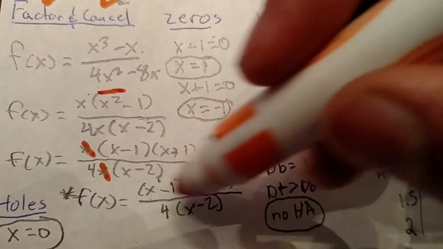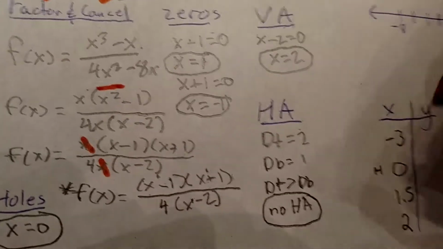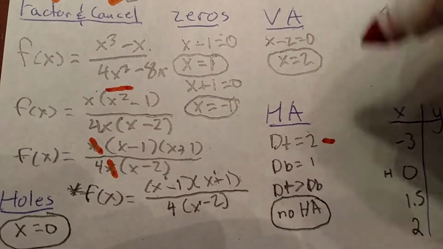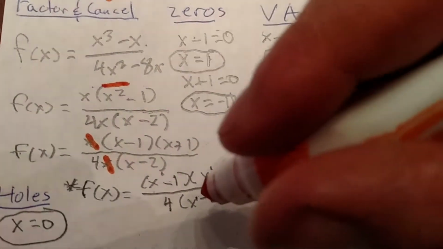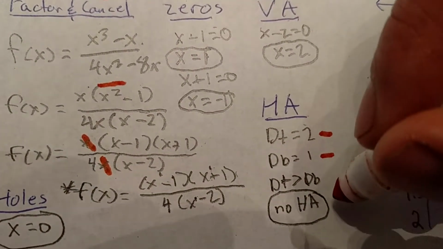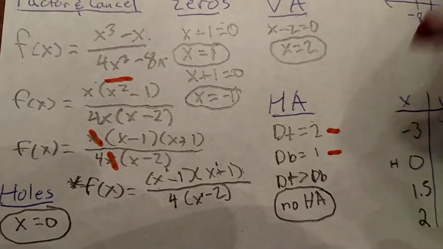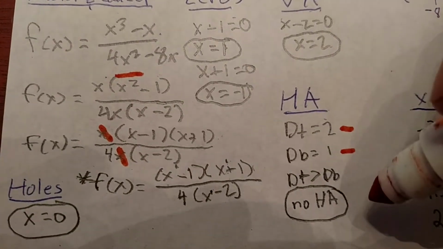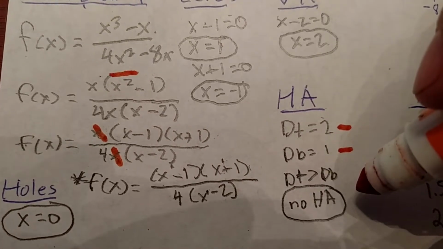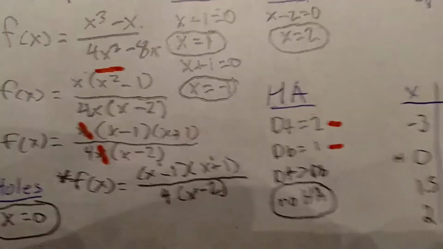And when you multiply them, they're going to be x squared. So the degree of the top is 2. The degree of the bottom is 1 because x is to the first power. So dt is greater than db. Well, in that case, there's no horizontal asymptote. Okay, and we talked about horizontal asymptotes about a week ago, and we've been practicing them. If you forget, go back to your notes and look at that.